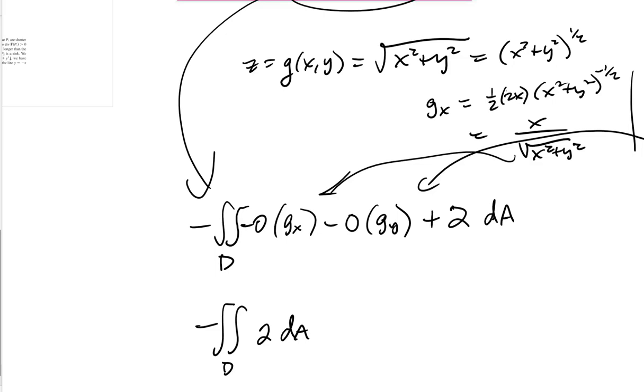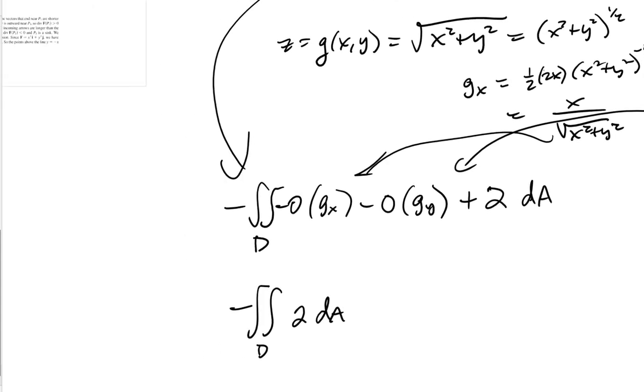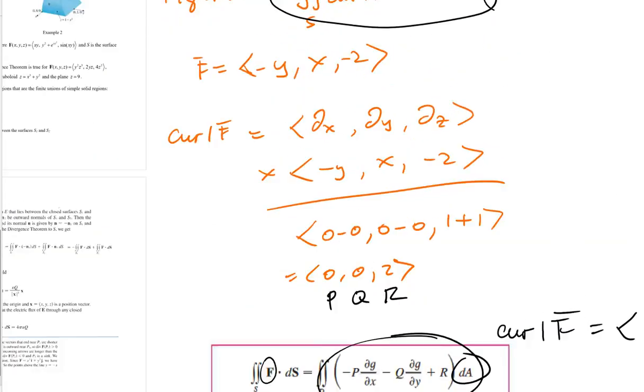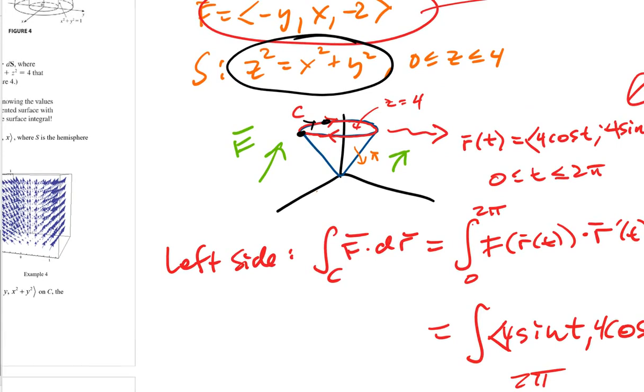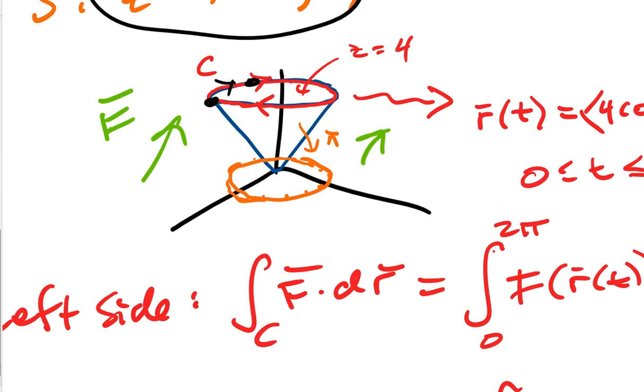All right. And then this D, okay, so what is D then? D is the shadow of this surface down in the xy plane. So D is down here. This is D. So D is just the circle x squared plus y squared equals 4. It's the shadow of this region inside.